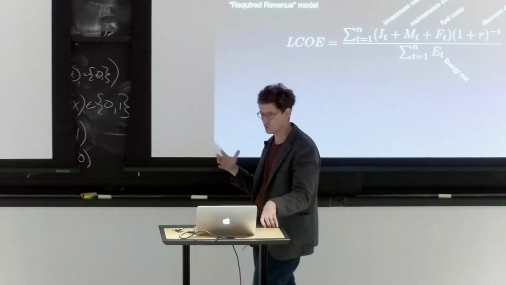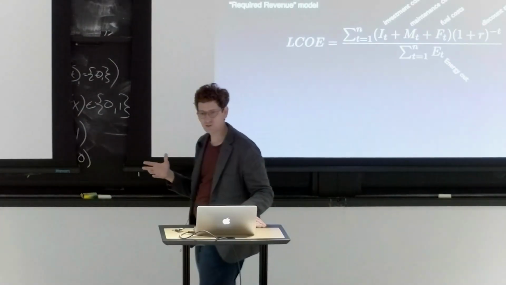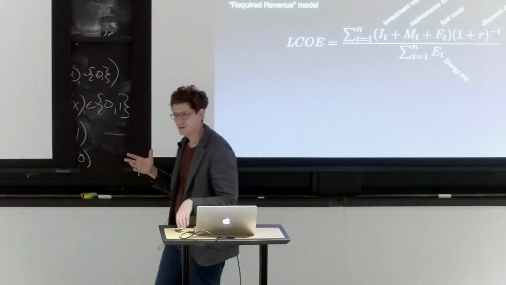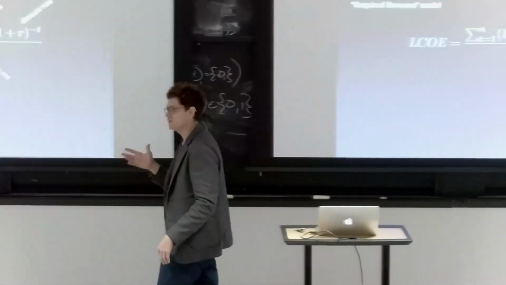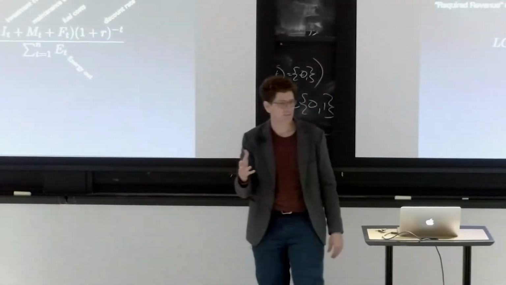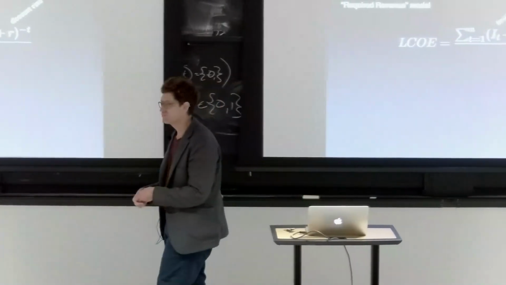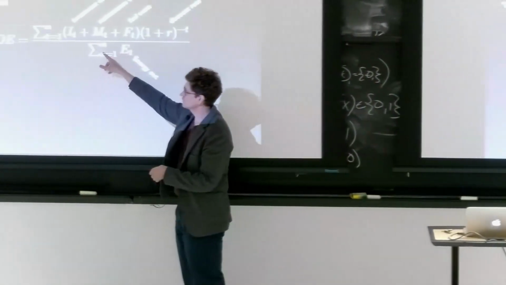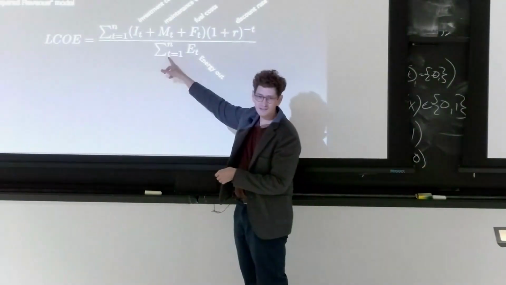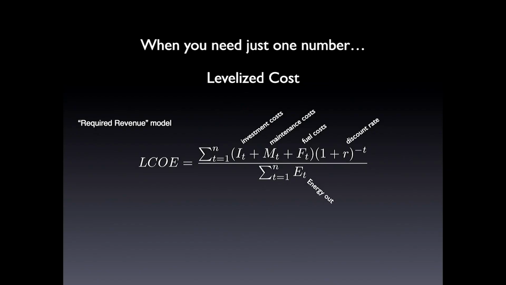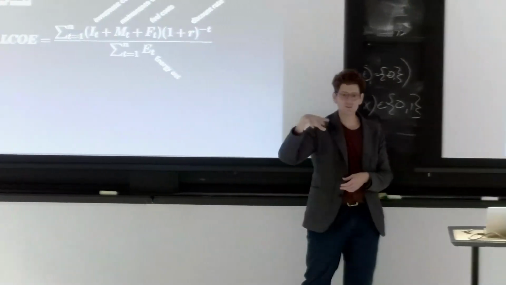That's not a really good assumption for electricity, because electricity demand is highly inelastic. People need the power when they need the power. So it's generally better to use the LCOE formulation that does not apply this discount factor to the denominator. But you'll see both of them in the literature.